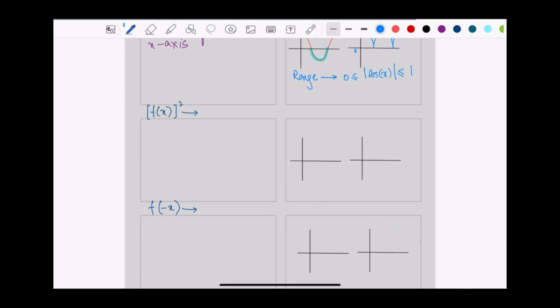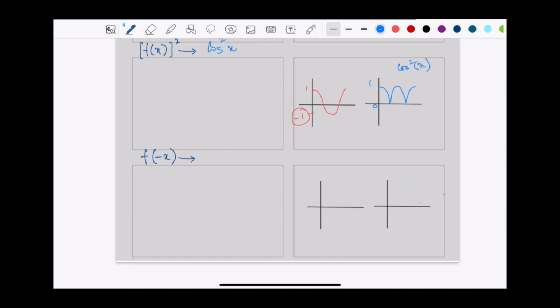But in this basic parent function, the curve looks like this, so this is negative 1 and this is 1, so negative 1 squared makes it positive 1. The curve will look exactly the same again. So this is how it's going to look, and this is cos squared x. So when I apply cos squared x, this is what it means.